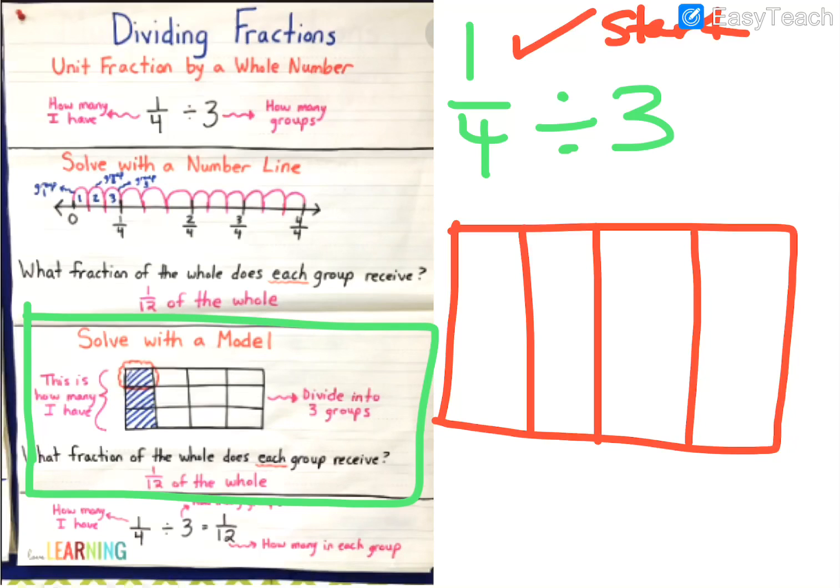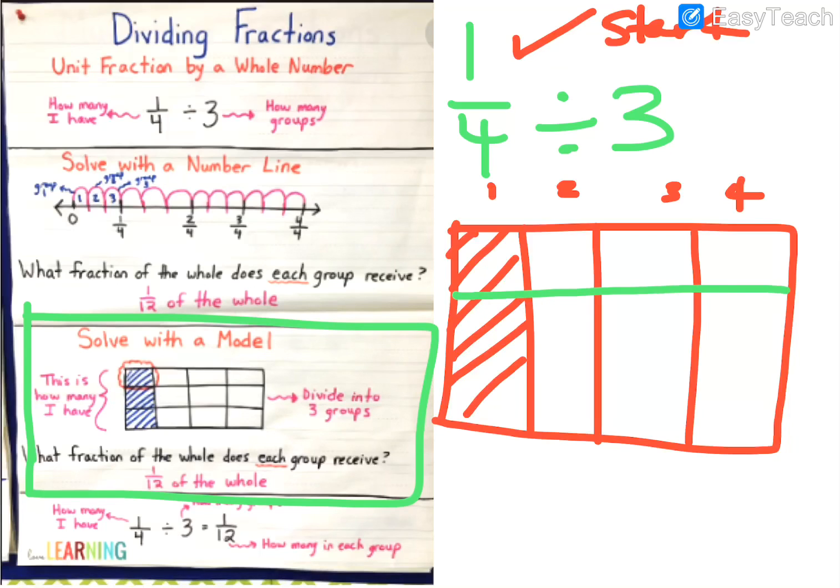So if I start with 1/4, because this would be 1, 2, 3, 4, I have 1/4 shaded, but I want to divide it by 3. If I divide by 3, now you see that I have 1 row, 2 rows, 3 rows. So I've done the division.